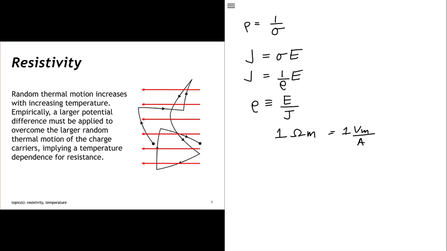In thinking of resistivity, remember that random thermal motion increases with increasing temperature. Empirically, a larger potential difference must be applied to overcome the larger random thermal motion of the charge carriers. And this implies a temperature dependence for resistance.